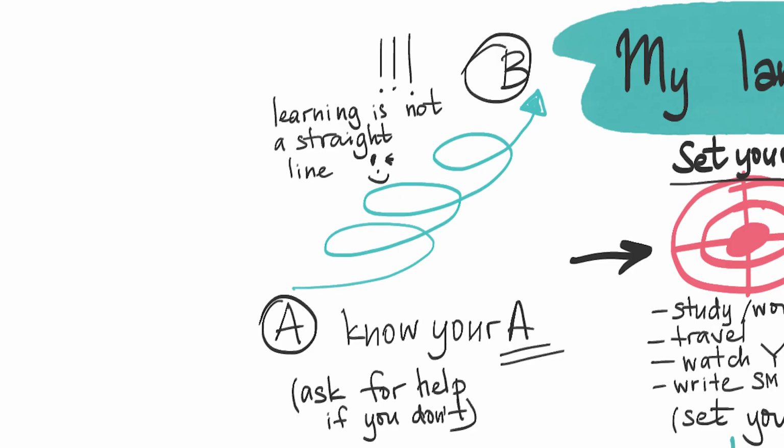So don't worry about having to repeat something, to revise, to review, do something again. I'm sure that you are approaching it from a different angle and you're already on a different level. And a spiral, even though it moves in circles, will take you from point A to point B.